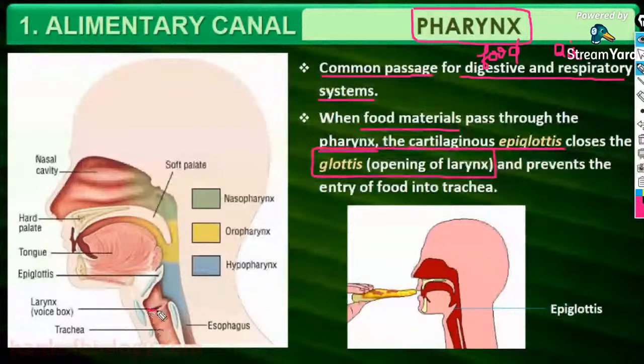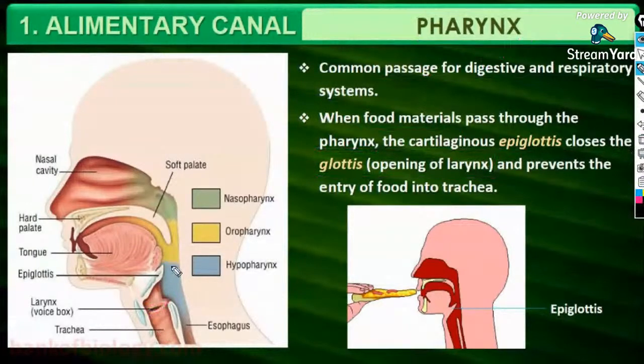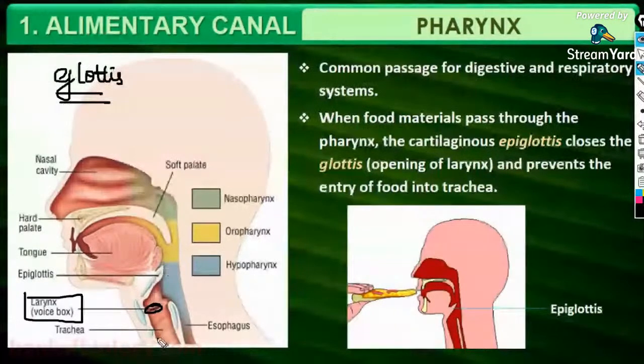Guys, this is the voice box. I'll use black ink so that it can be clearly visible. Look at the diagram. This is the voice box, or the larynx. This opening is called the glottis. Above this opening you have a thin flap, which is called the epiglottis, that prevents the entry of food into the trachea.